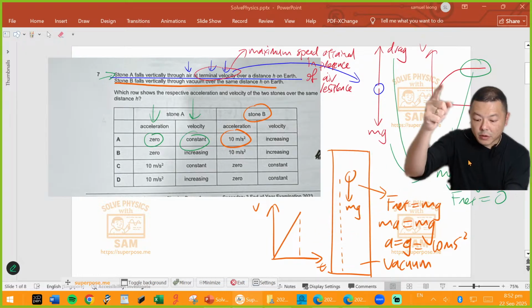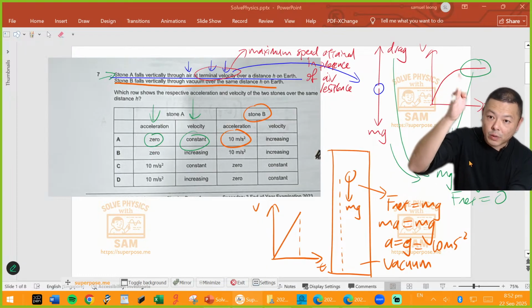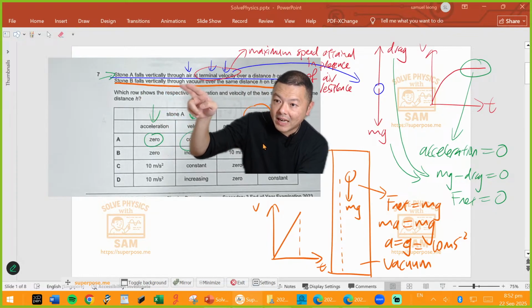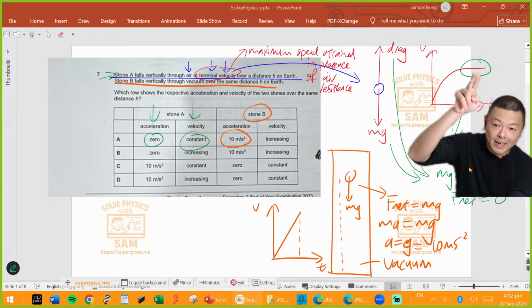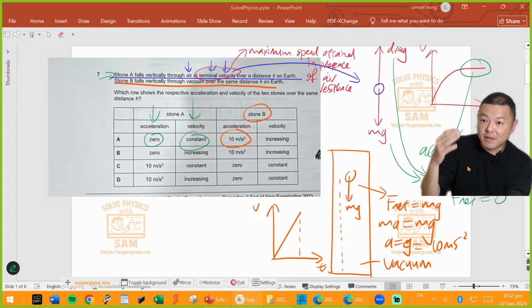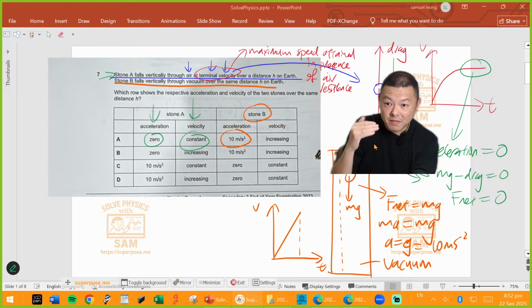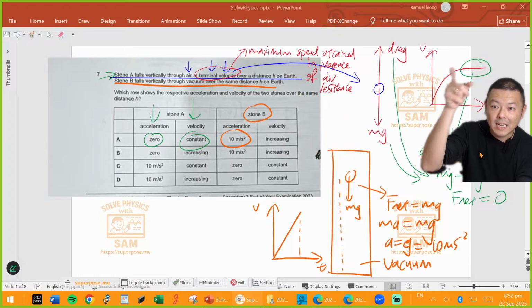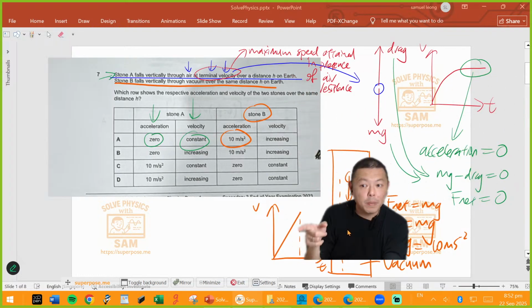Then if you come back to stone A and say, oh, but isn't the velocity there increasing? Yes, it was increasing. But that's not what the question is asking for. The question is telling you stone A is already falling at terminal velocity. We are looking at the last part of stone A. They're being very specific about what they want you to compare: stone A at the last part, and stone B at the whole part.